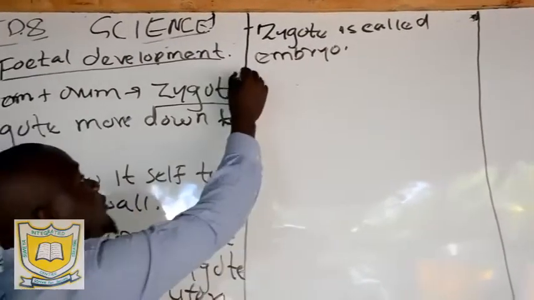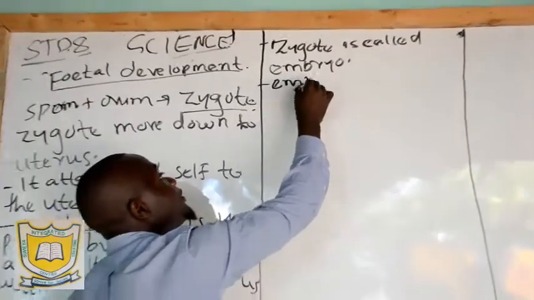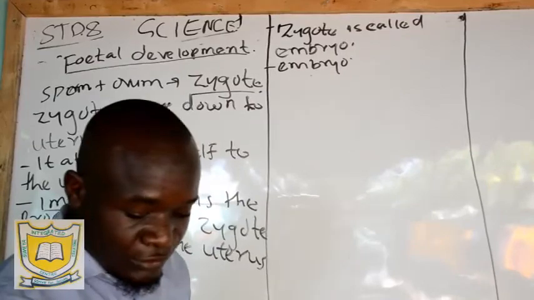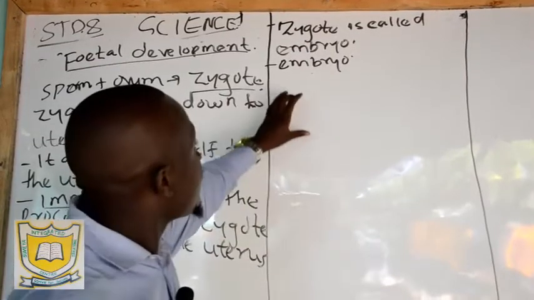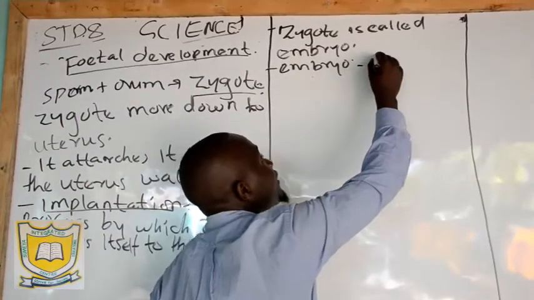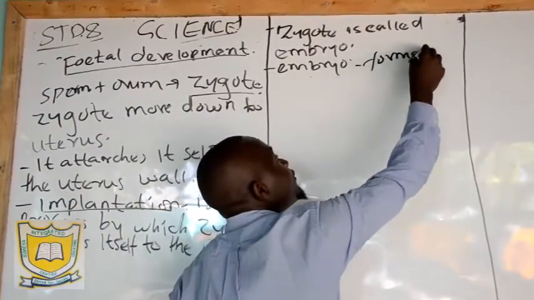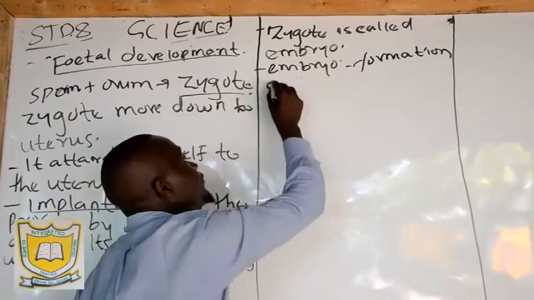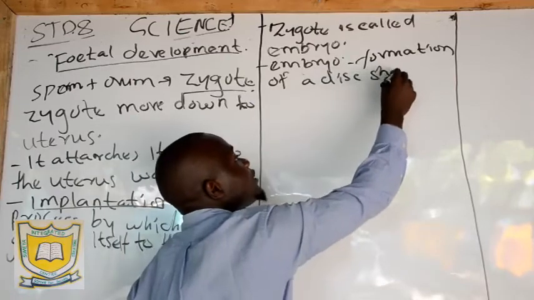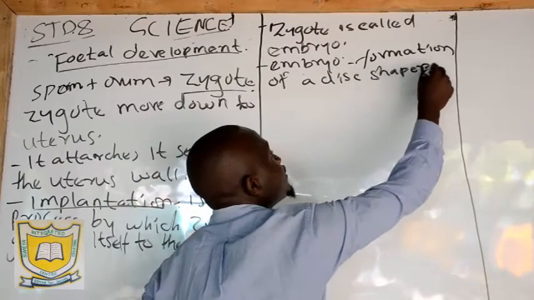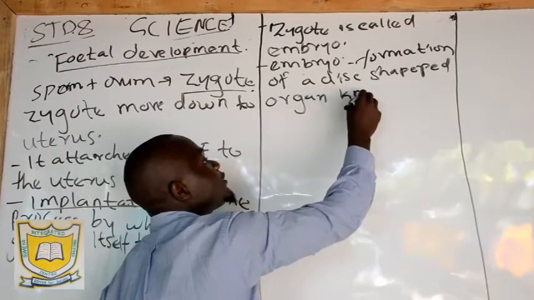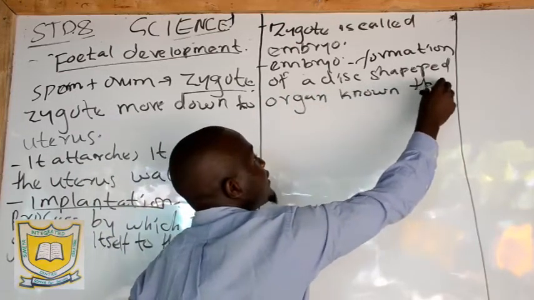Now, the embryo is joined to the uterus wall by the formation of a disc-shaped organ known as the placenta.